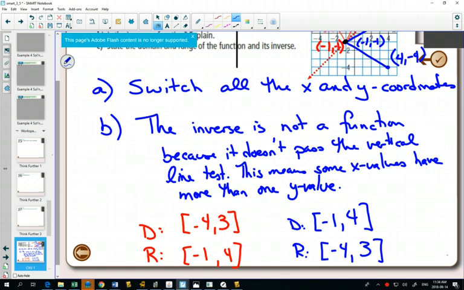The idea of an inverse means x and y are getting switched. Graphically, it flips over the line y equals x. Questions for this one are 4 and 9.